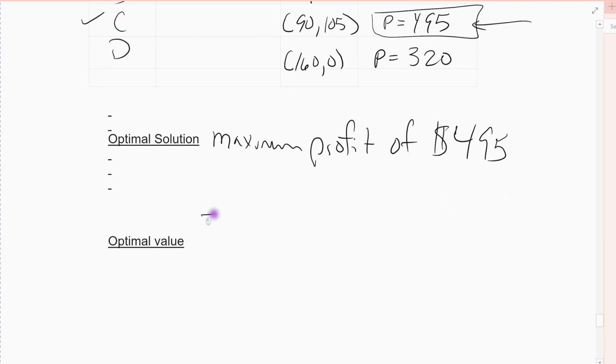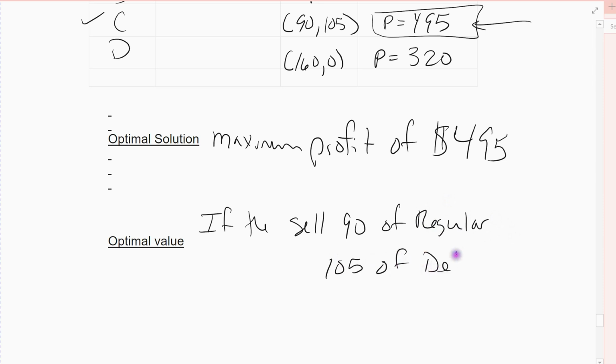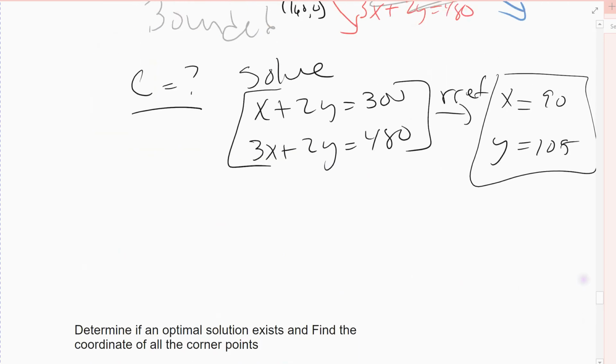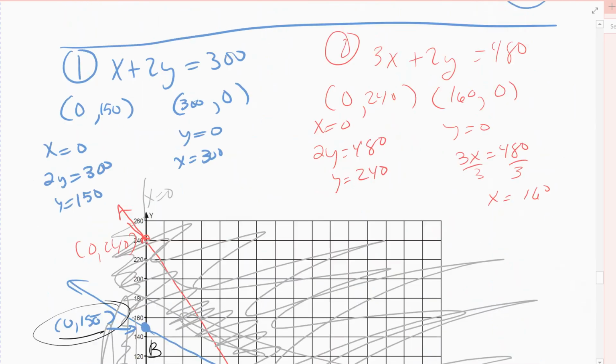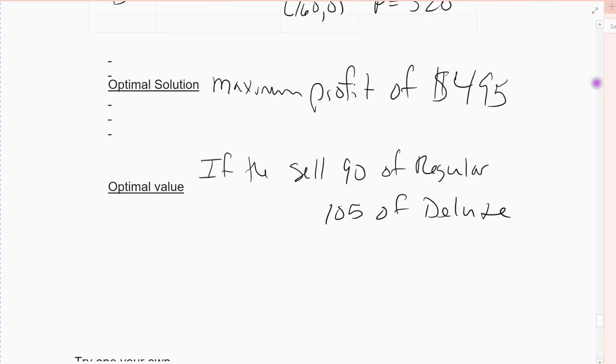if they sell 90 of the regular, or economy, right? No, regular was regular. Regular. And 105 of the deluxe. I don't know if it was regular or economy. Economy. I was right the first time.